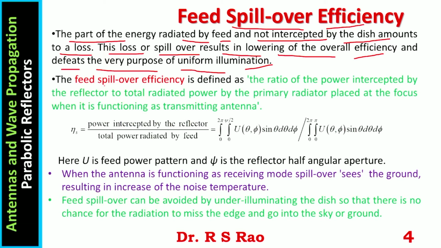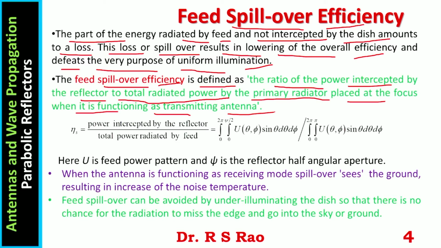The feed spillover efficiency is defined as the ratio of the power intercepted by the reflector to the total radiated power by the primary radiator placed at the focus when it is functioning as a transmitting antenna. It is denoted by eta S. S stands for spillover. It is power intercepted by the reflector to total power radiated by the feed. This ratio is eta S.